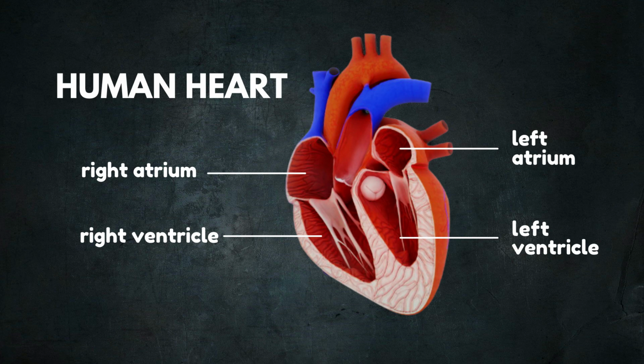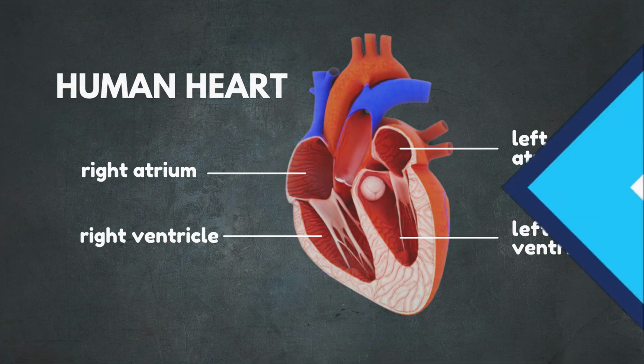A wall called the interventricular septum is between the 2 ventricles. The 2 top chambers are the right atrium and the left atrium. They receive the blood entering the heart. A wall called the interatrial septum is between the atria.